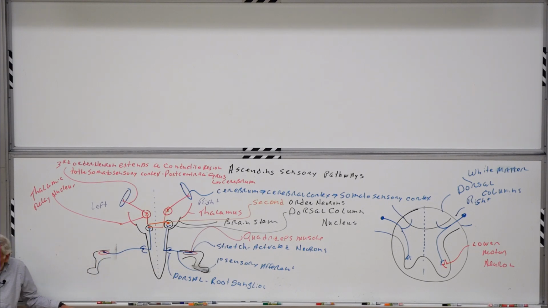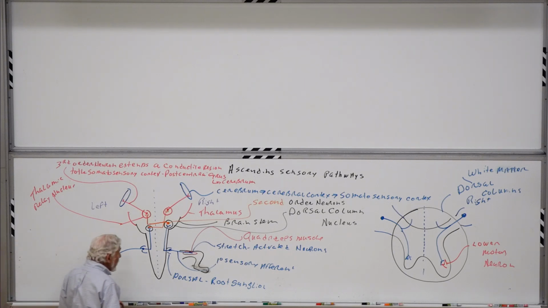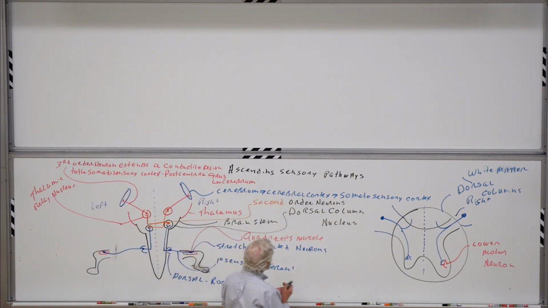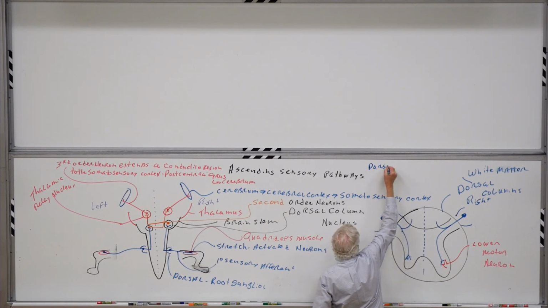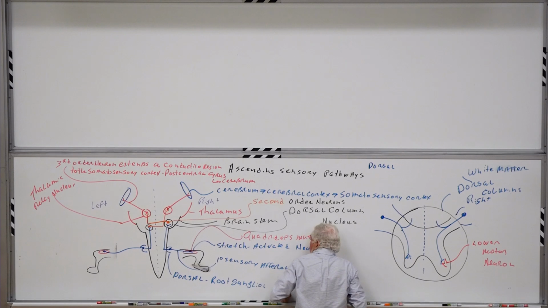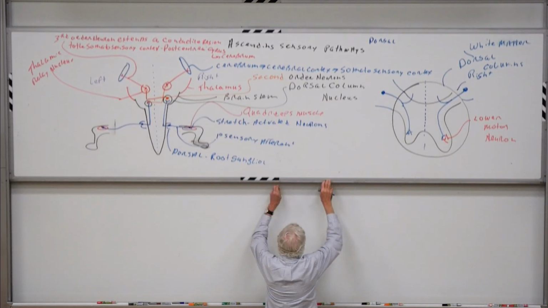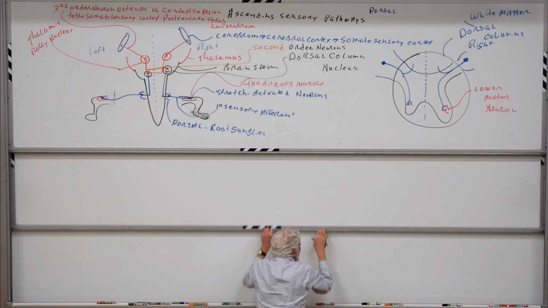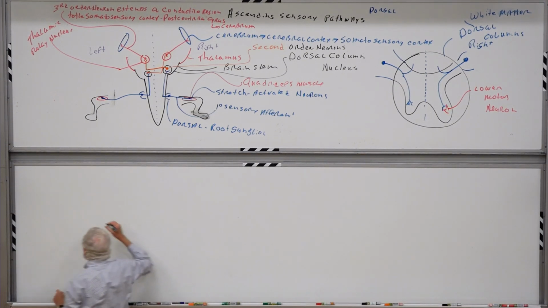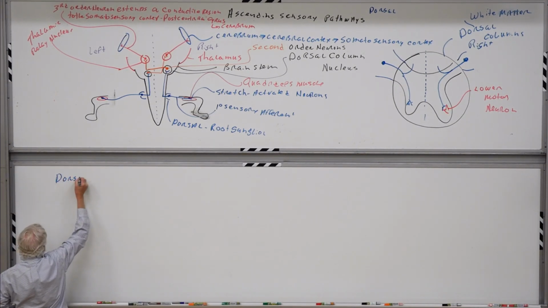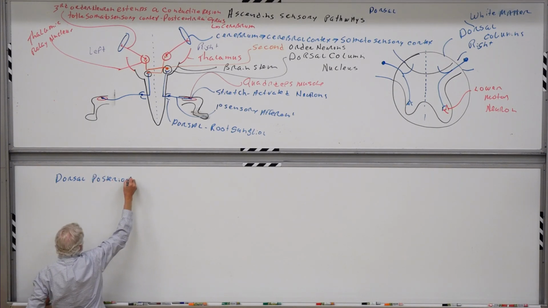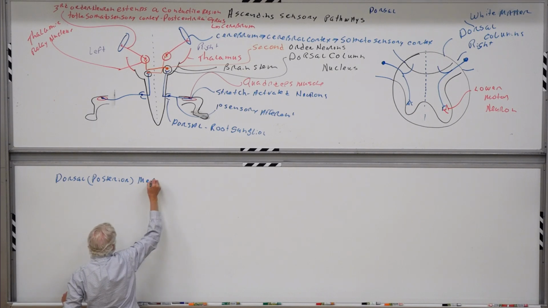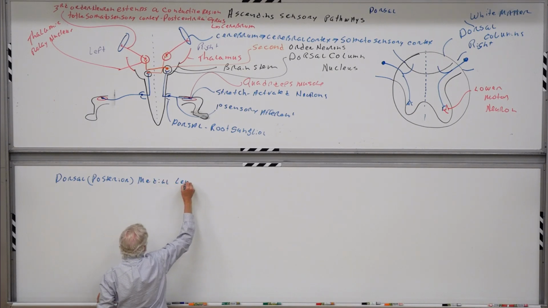So those systems are precisely bilaterally symmetrical. And this system, which we gave the name of the dorsal, let me put it in the upper panel. The name that we gave to that tract was the dorsal, more properly the posterior medial lemniscus.